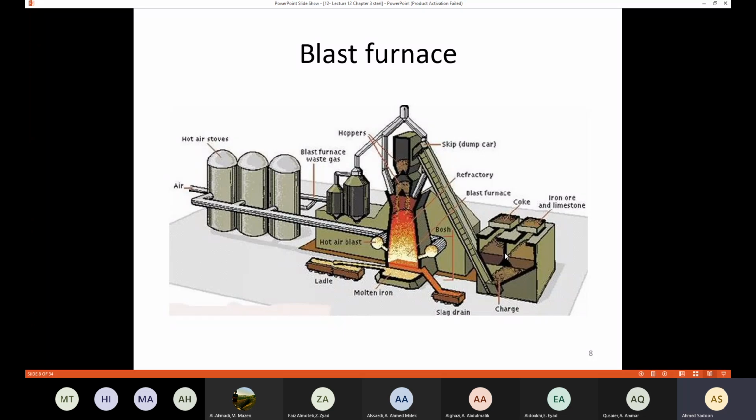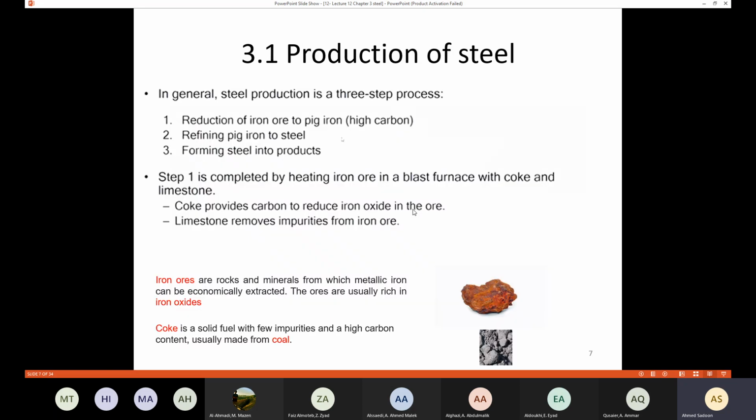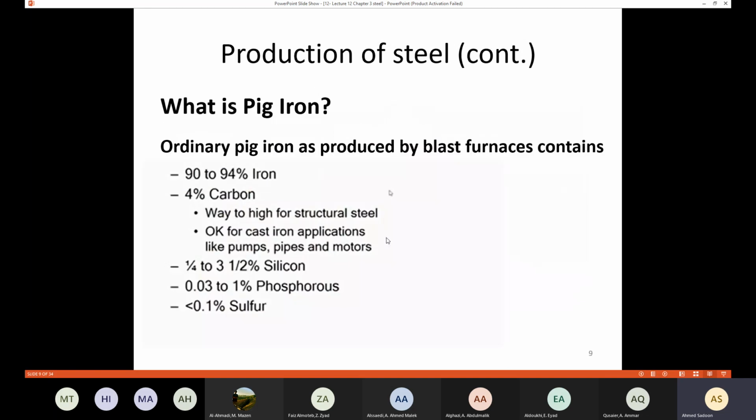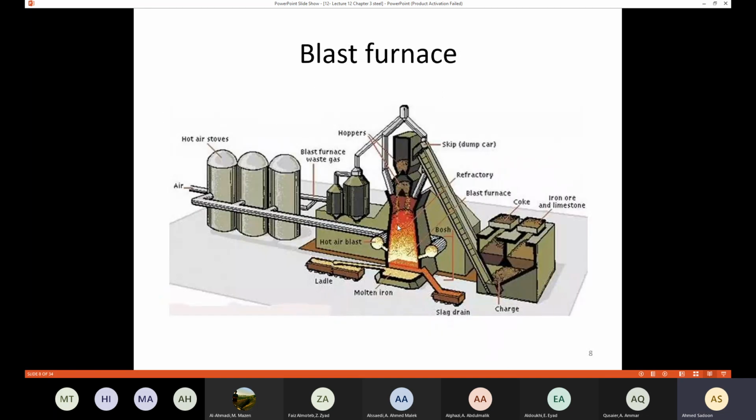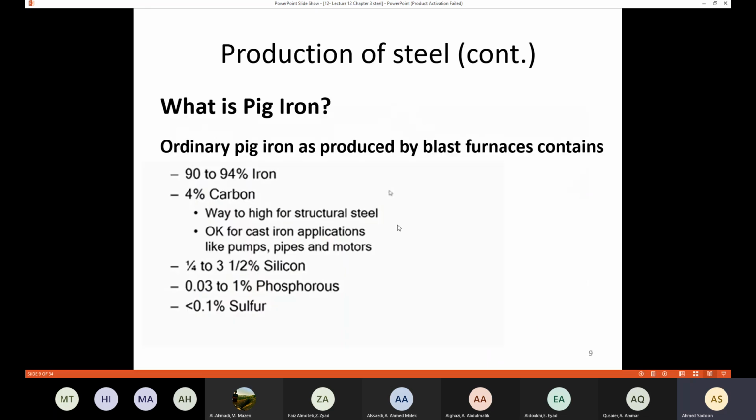Okay, so all of this is going to be delivered to the blast furnace with certain amounts. So we've done with the first step. Then, from the process of step number one, we are going to have the pig iron.